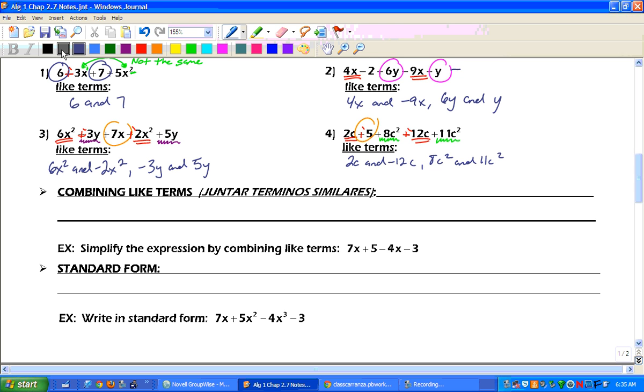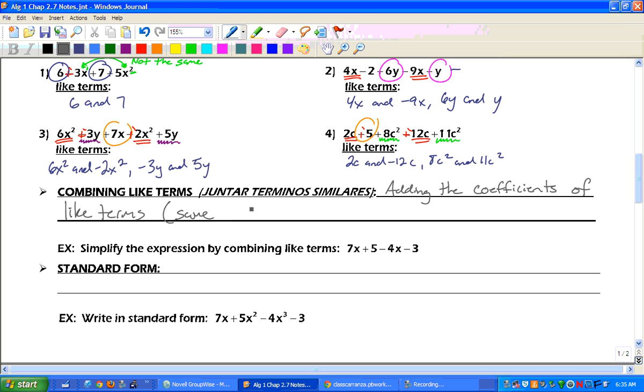Now, combining like terms. When you're combining like terms, you are adding the coefficients of your like terms.